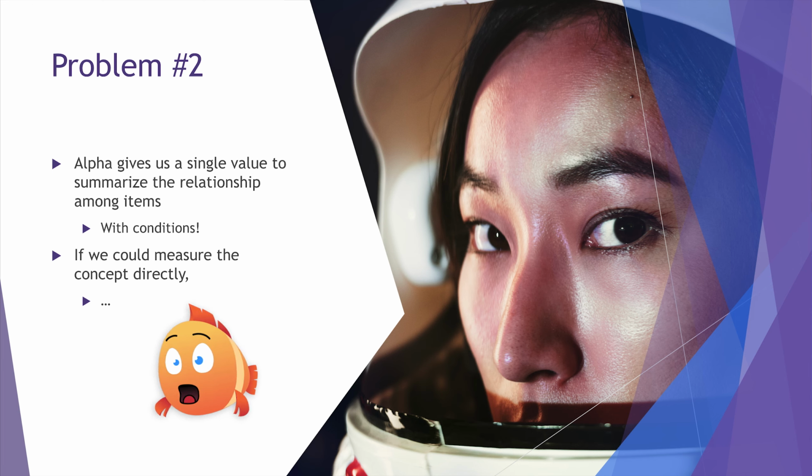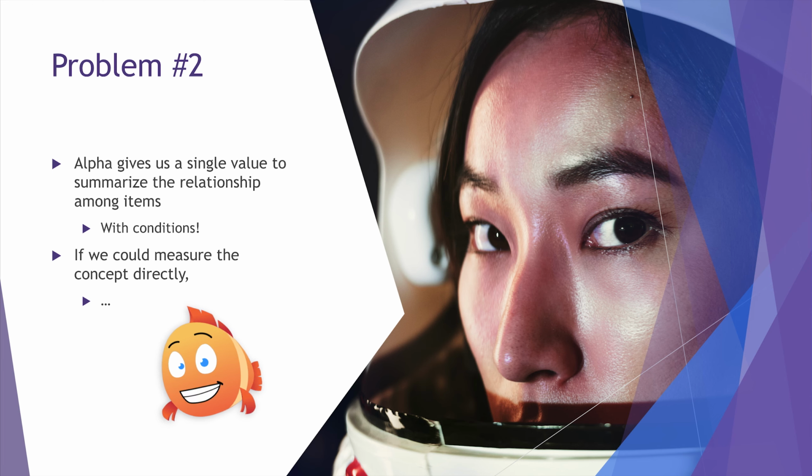That one consistent pattern means we don't have multiple constructs, every item is in the same direction, and everything is equally related to each other. It had some serious, strong assumptions built in, is what I'm trying to have you take away from this here.